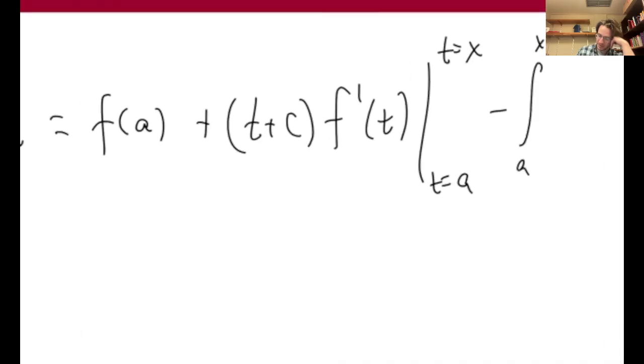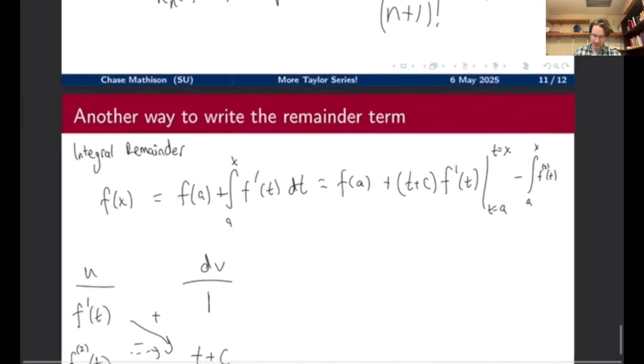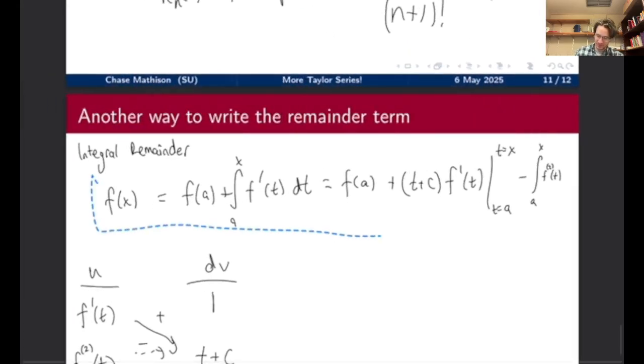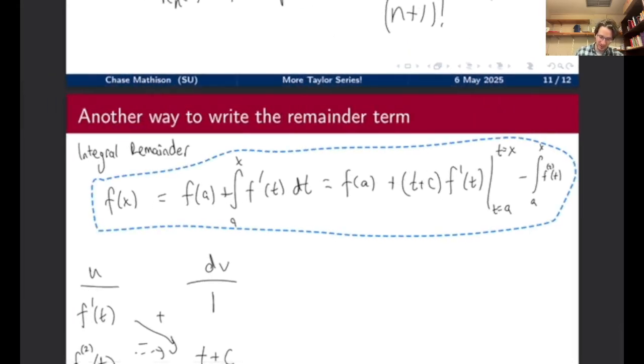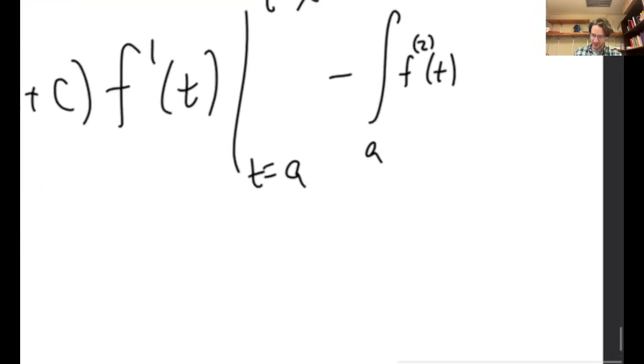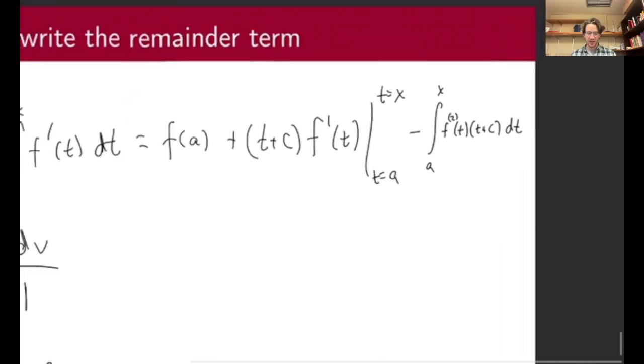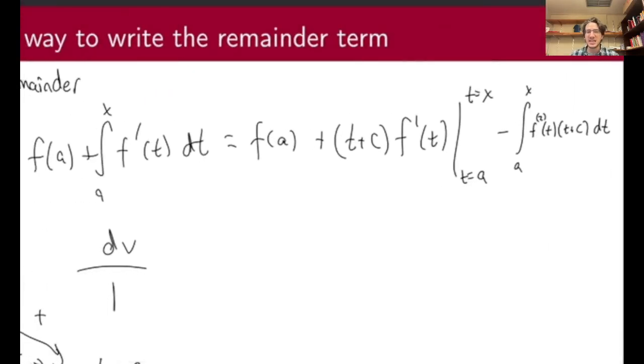from a to x of f double prime of t times t plus c dt. And I'm going to pick c so that I get the first degree Taylor polynomial on the right hand side.